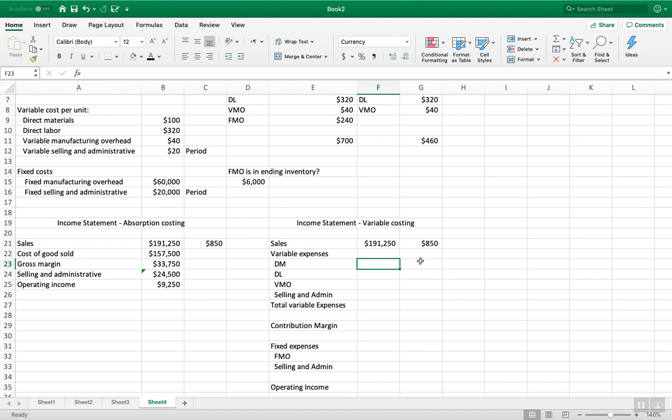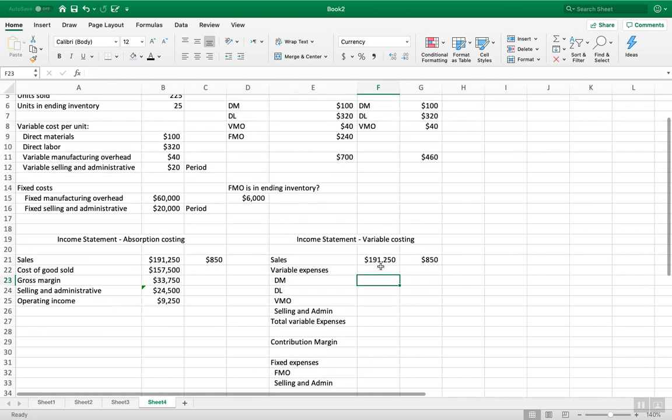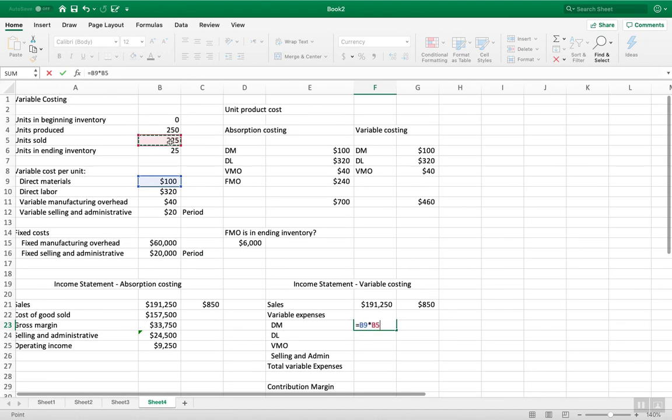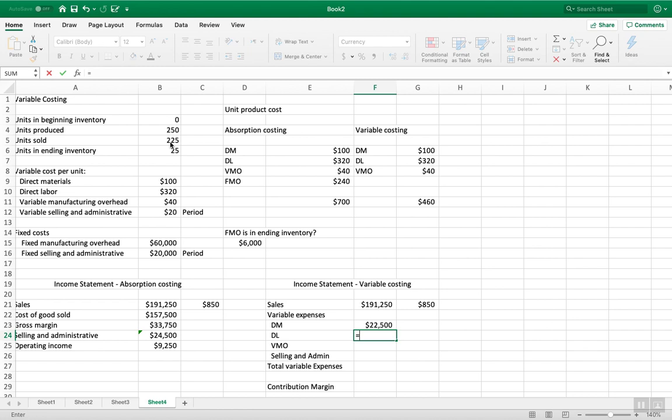Now, on our income statement, with our variable expenses, we have our direct material, which is $100 per unit. It's similar to our cost of goods sold, because we base it on our number of units sold. So our direct materials would be the 100 times the number of units sold.